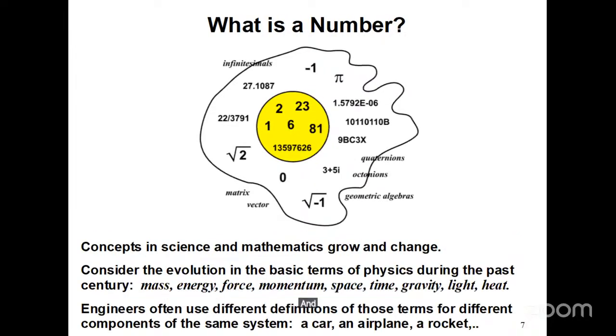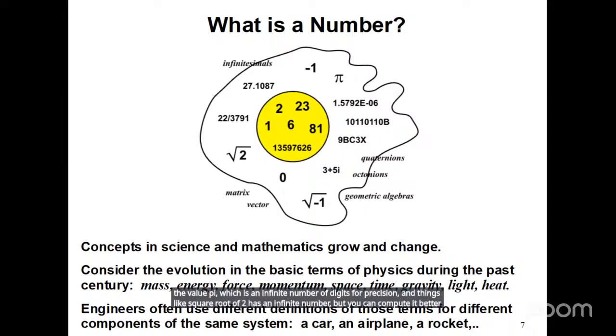And here's another example: what is a number? The original numbers were integers starting with 1. And then the Chinese invented a 0, and that immediately created a huge extension. And then other people created fractions and the value pi, which has an infinite number of digits for precision, and things like the square root of 2, which has an infinite number, but you can compute it better.